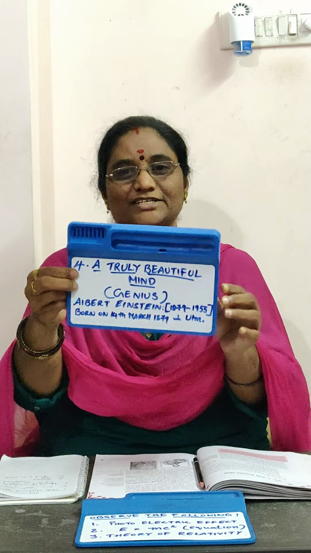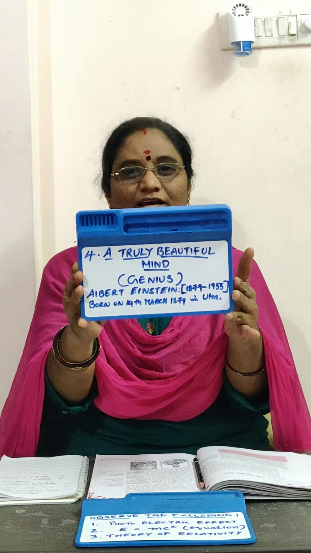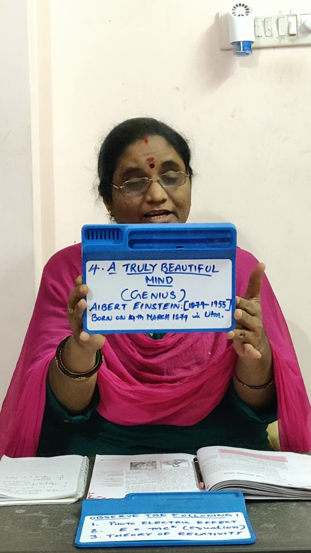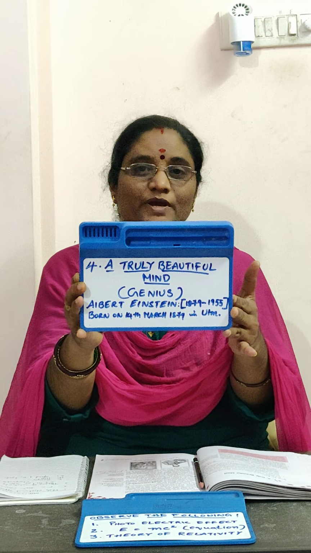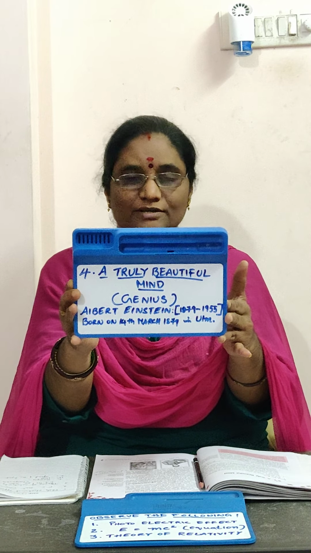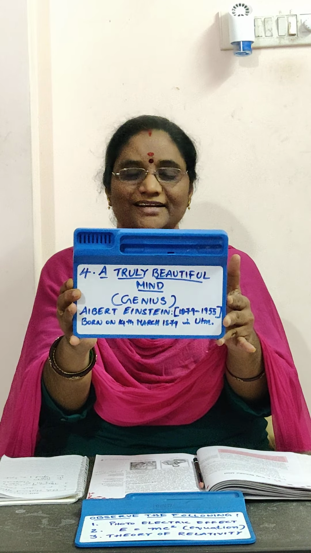I shall show you. Please check whether you are able to see it or not. A Truly Beautiful Mind. It's all about Albert Einstein, who was born in the year 1879 and passed away in 1955, who lived for about 76 years. Could you all take down the heading, children? Shall we go ahead?